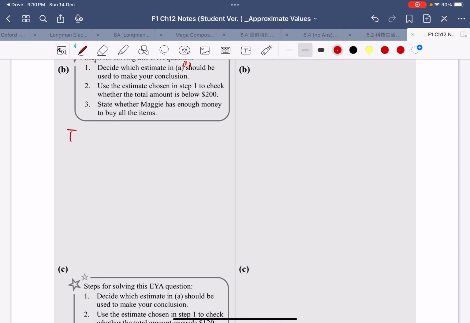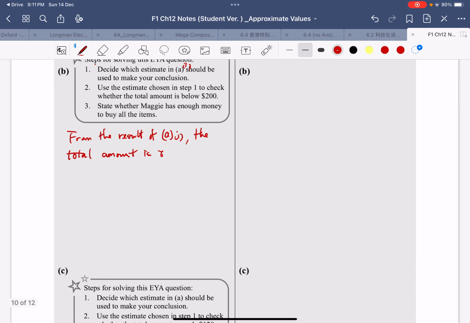So you write down from the result of part 1A, the total amount is, this is important, at most, you have this expression. You know it is maximum. This at most, this number will not exceed this number actually.